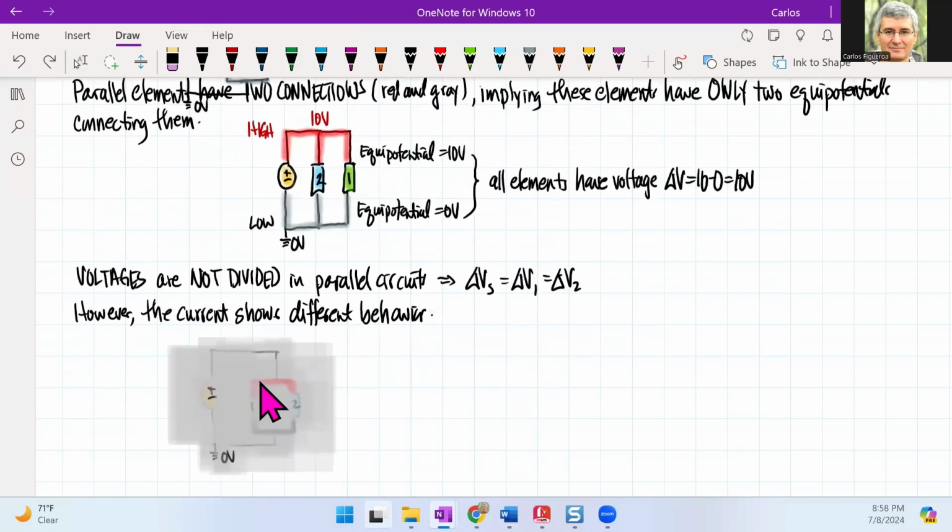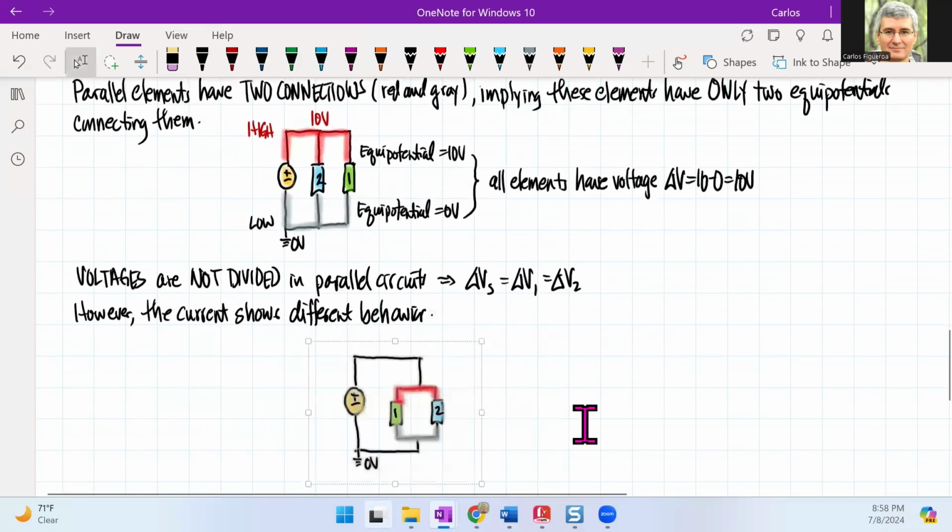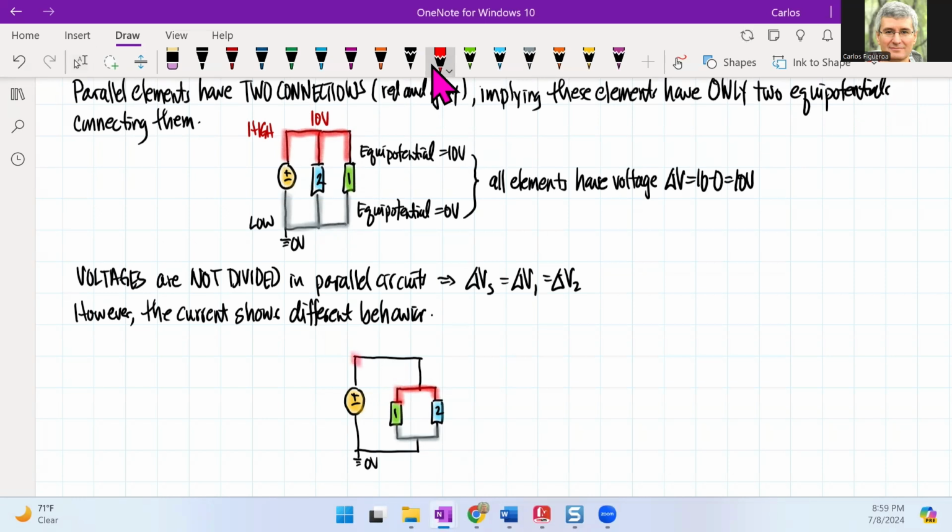So what we want to do is follow the current. If we finish drawing the equipotential surfaces, we see that we have our red like this, and then our gray is down here at the bottom. So when I'm looking at this, what direction is the current coming?